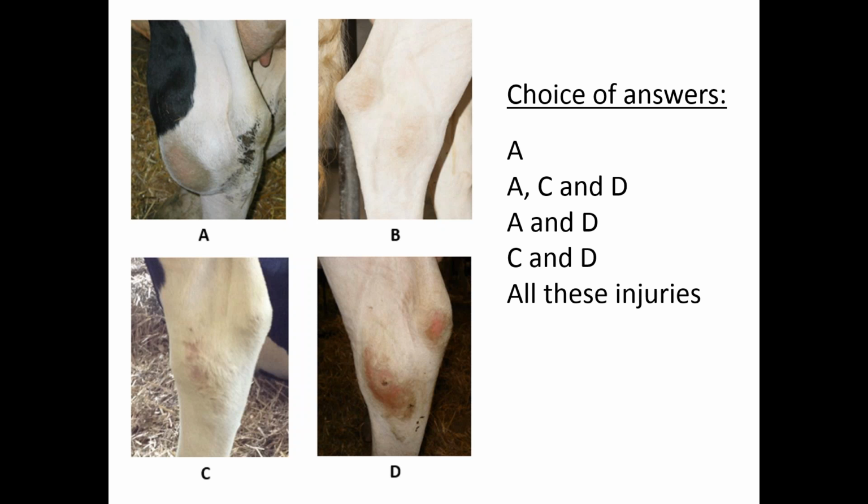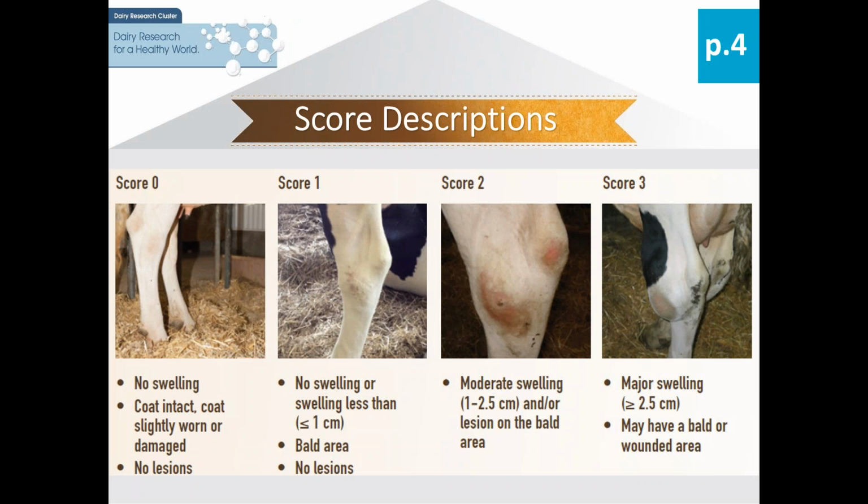Yeah, definitely. If you're not happy with any hair loss on the legs of your cows, that's a good thing, and that's something that we can look at. However, from a pure scientific standpoint, there's been research to suggest that particularly those cows that score with the A and the D, and if we look here on the screen now, we can see these scores, so basically scored as a 0, 1, 2, and 3.